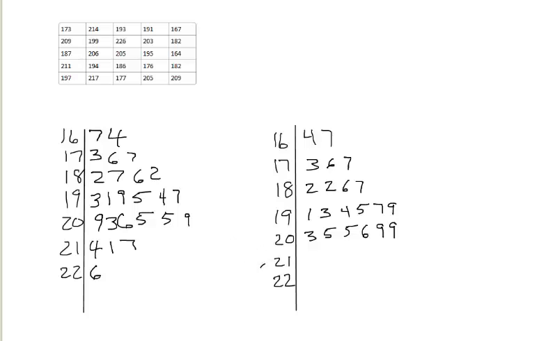For 21, we have 1, 4, and 7. And in the 220s, we have a 6.